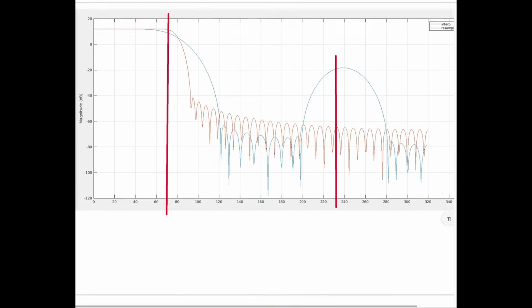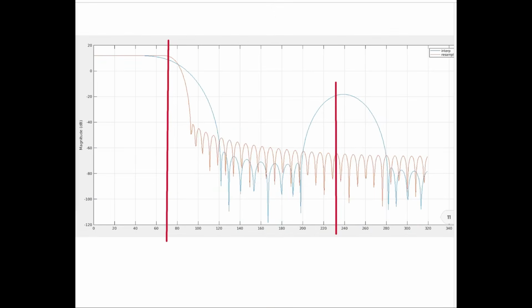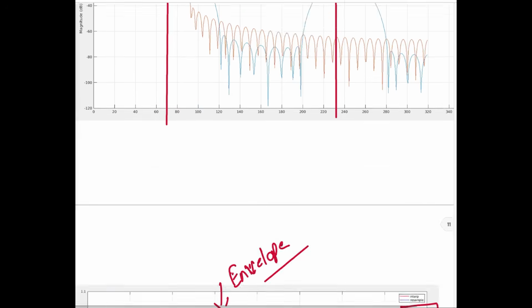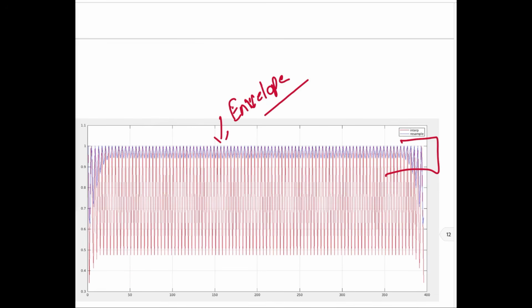When we use the resample function's filter, the envelope is tighter. So basically the problem lies in how we are filtering the signal as part of the upsampling. This is why the problem is occurring.